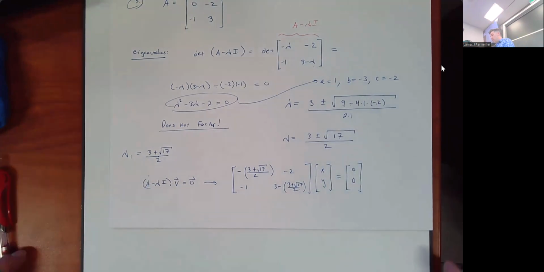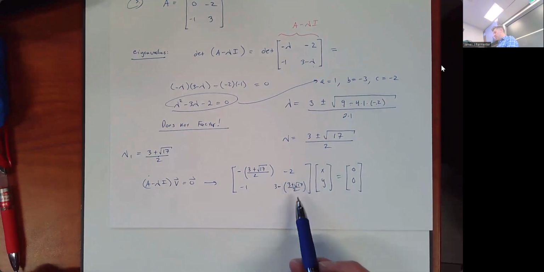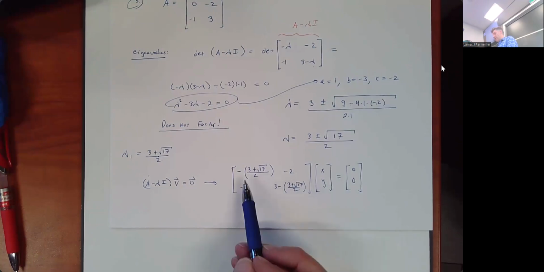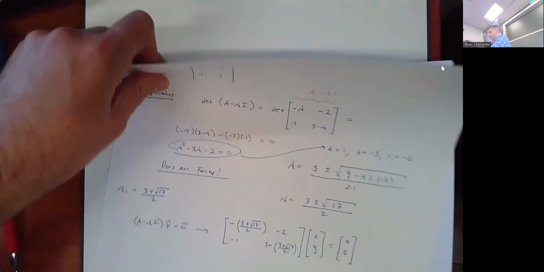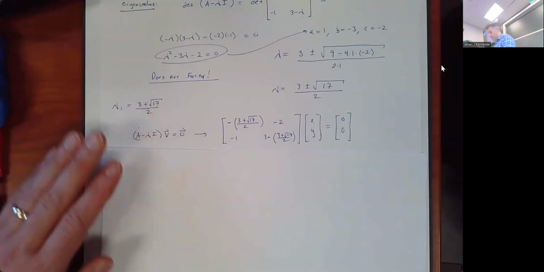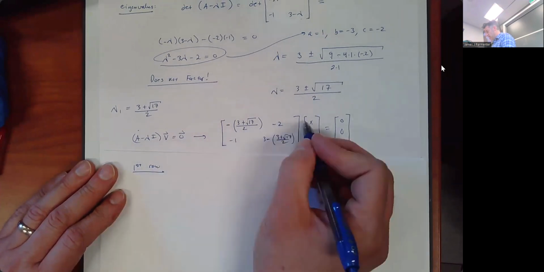All right, you can pick either row you want, and you should look for the one that looks easier. Sometimes it'll be the first row, sometimes it'll be the second one. Here, to me, I don't want to deal with doing 3 minus this, even though it's not that hard to deal with. I would rather just deal with this. So here's what my first row equation is going to give me. I'm going to get that times x plus that times y.